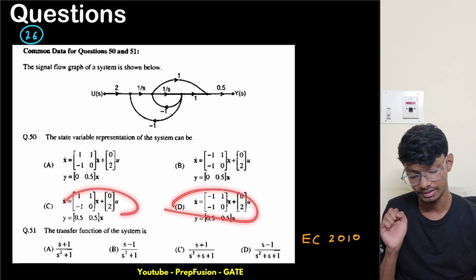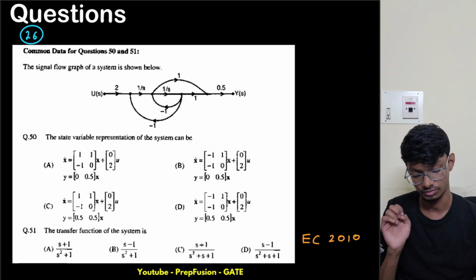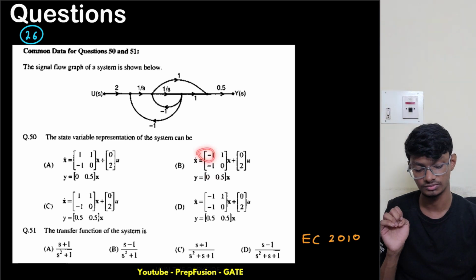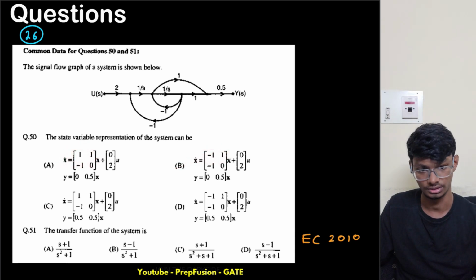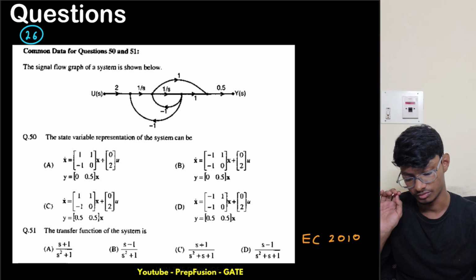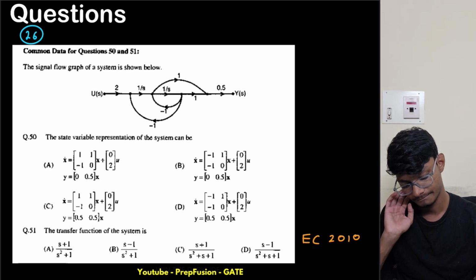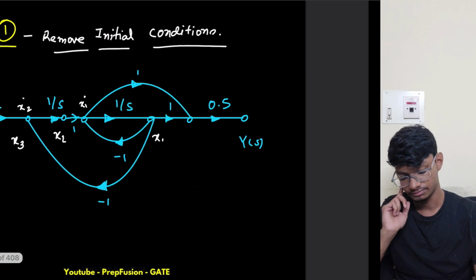So these options are eliminated anyways. You're only left with these two options, and the first element was minus 1, then 1. So this will be correct. Our option will be b, right? So this is basically my transfer function.